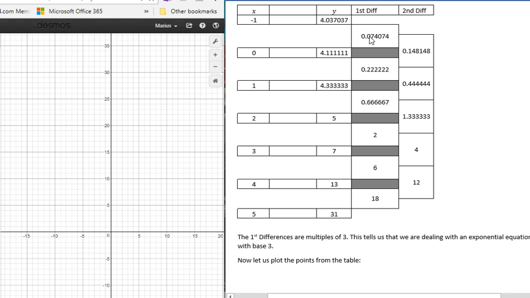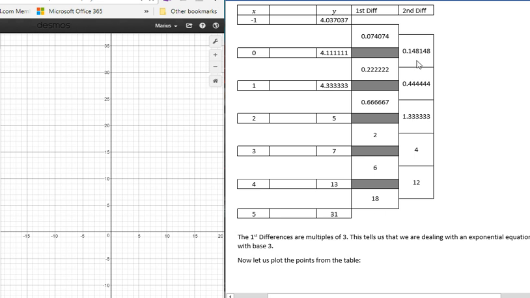If we work out the first differences between the y's, between y1, y2, y3, and even y4, I've got decimal numbers, which you can see over here. And then I start having first differences as whole numbers: 2, 6, 18.